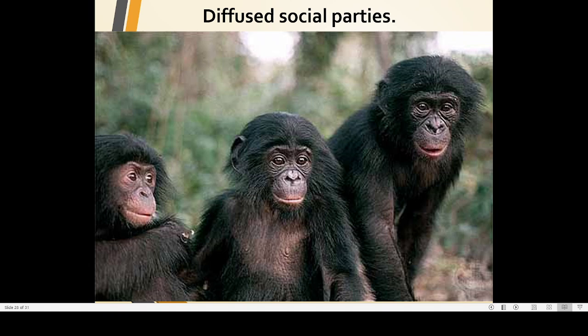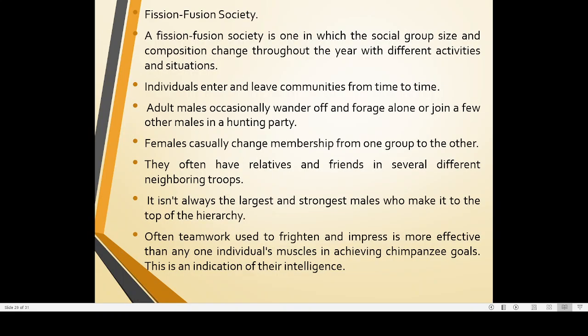So this is another case that we can find in the chimpanzee, which is known as a diffused social party. This chimpanzee behavior is sometimes known as fission and fusion society. There may be many individuals, 10 or 15 individuals. But on a fine day, these 15 or 20 individuals will split into 2-3 groups.